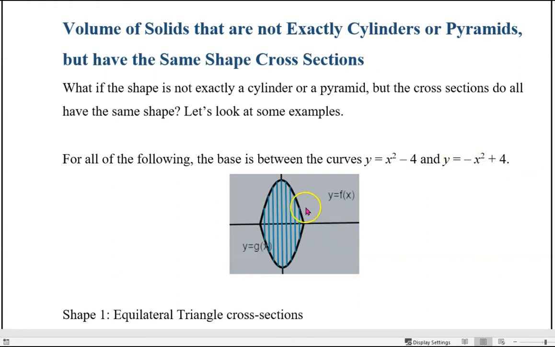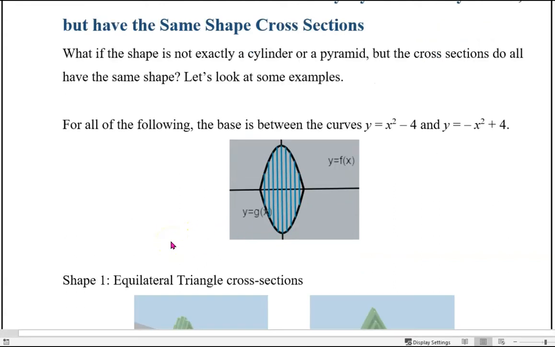In other words, here's our downward opening parabola, negative x squared plus 4. You can see it's shifted up 4. And here's the one for x squared minus 4. You can see it's the normal parabola that's been shifted down 4. You can see that they create some area in between them. This is the base. In other words, this is what the shape is sitting on.